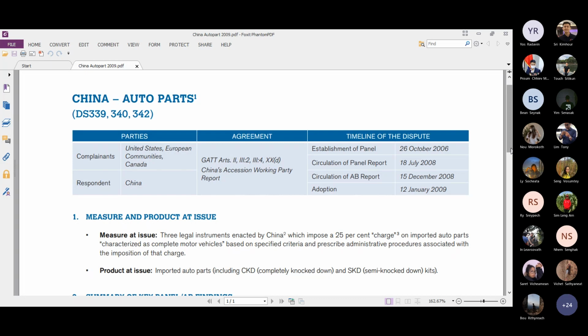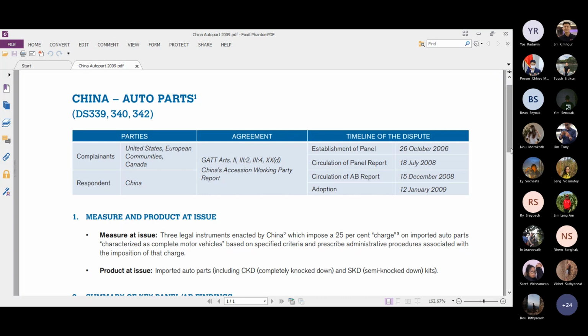So the panel for the case was established in 2006, and then in 2008, two years later, the panel judge circulated the report to the parties and also to the members of the DSB. Then in December 2008 again, the case was referred to the Appellate Body.